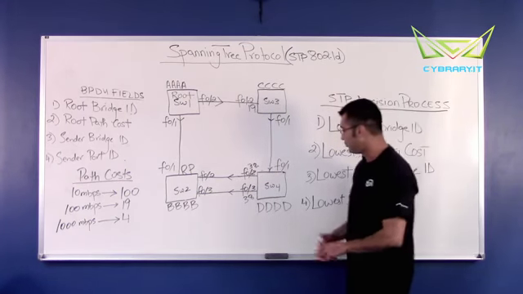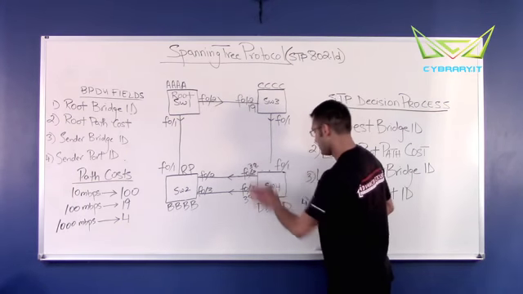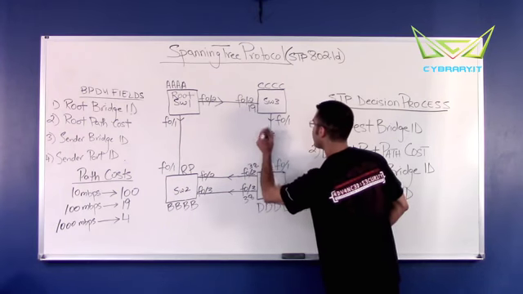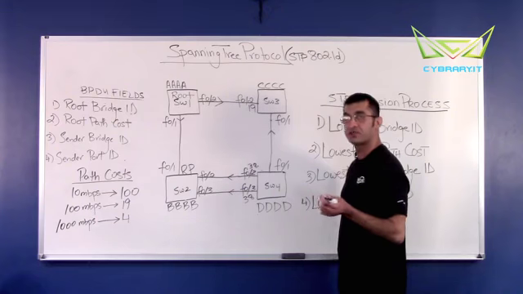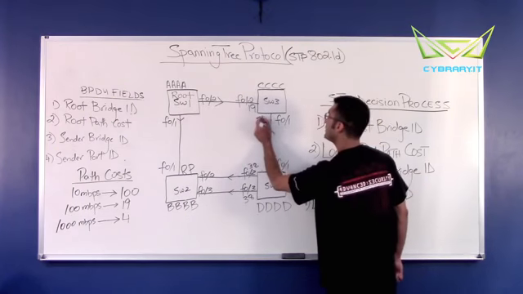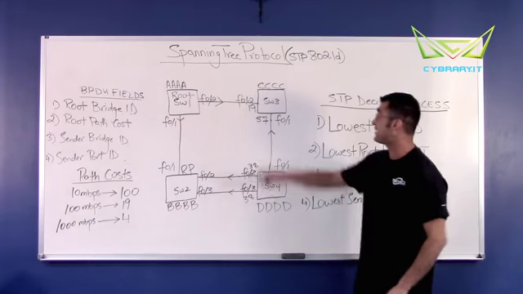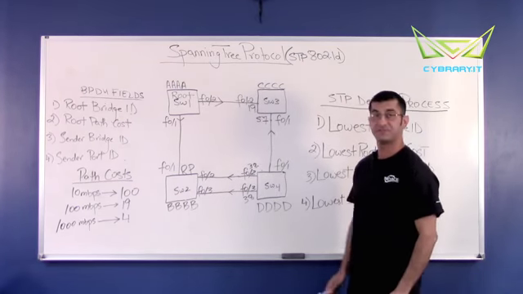Then that BPDU leaves switch 4 heading up towards switch 3. It leaves switch 4 F0/1 and enters switch 3 F0/1, and the cost is incremented to 57. Switch 3 compares the cost at F0/2, which is 19, and F0/1, which is 57.